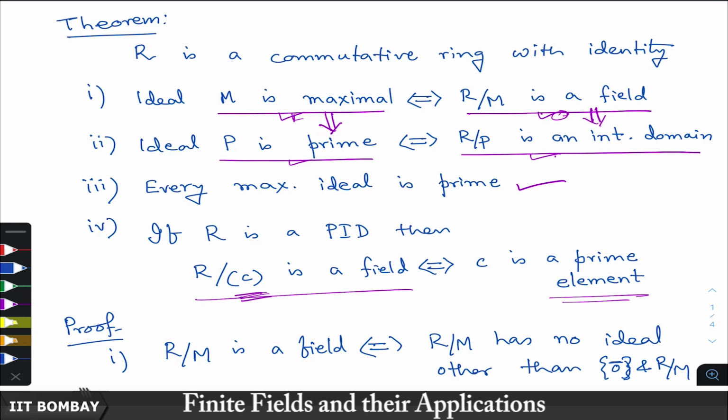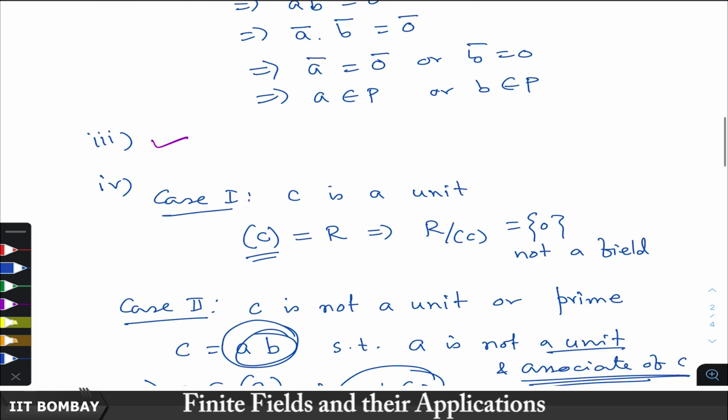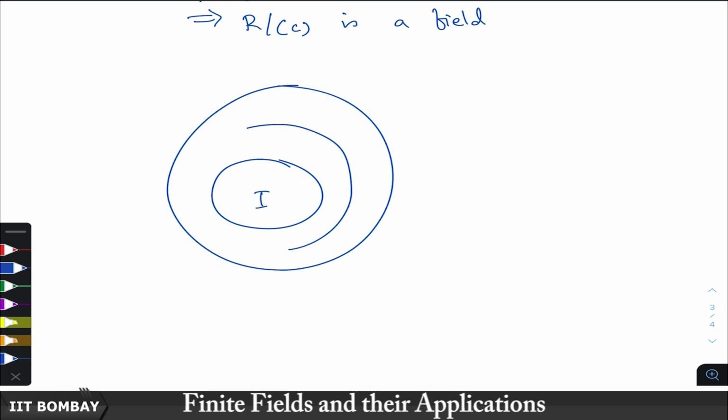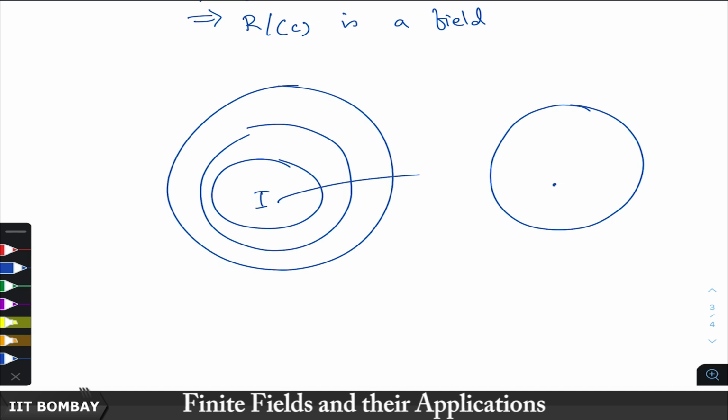It says that basically if I is a maximal ideal, then there is nothing in between here, which then means that in the quotient ring there is no non-trivial ideal, because this I is collapsed into 0 here, single elements in the quotient ring R by I. So, if there is no ideal in between here, then there is no non-trivial ideal here either.